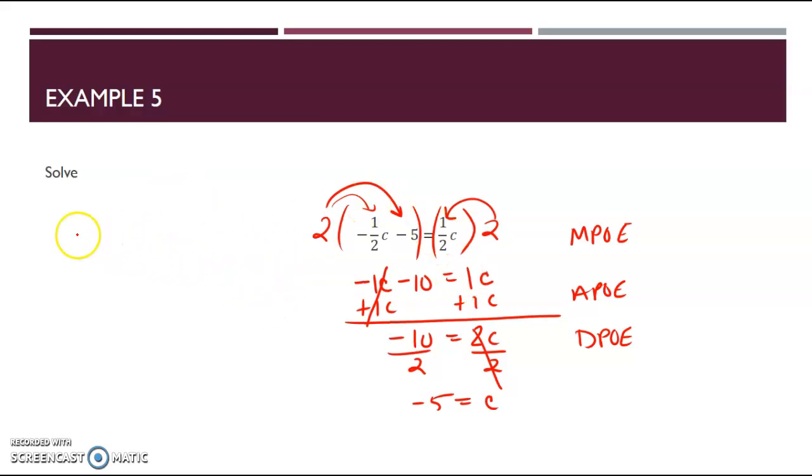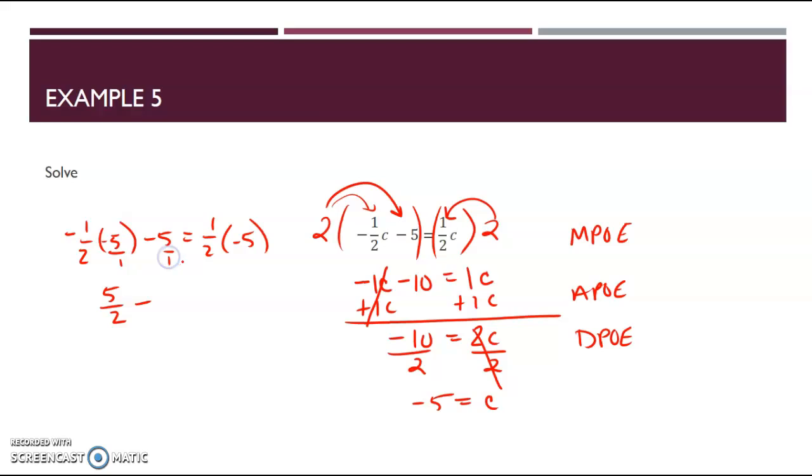And from there I can double check, so a negative 1/2 times negative 5 minus 5 should equal 1/2 times negative 5. And so when I take, this would be 5 over 1, so negative negative makes it positive, so we have 5 over 2 minus, I'm going to change this into halves, right?